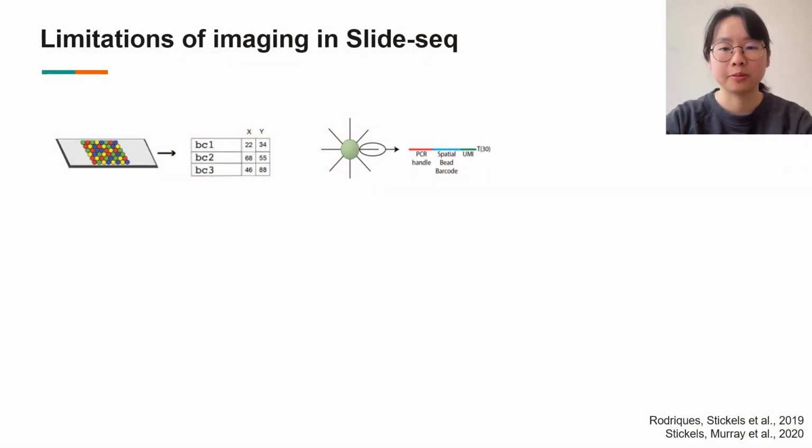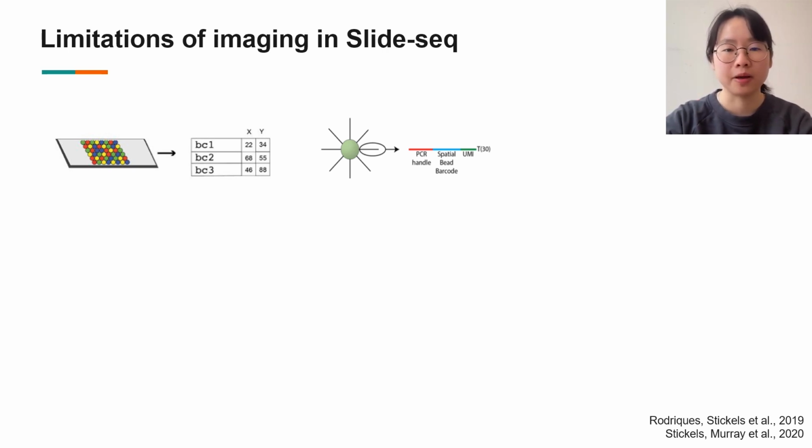I'm Chenlei, and I'm a graduate student from Harvard University working in Fei Chen's lab. So our lab has previously developed slide-seq and slide tags, and they are spatial transcriptomic methods that utilize a spatially barcoded array.